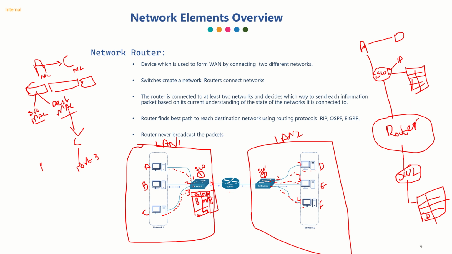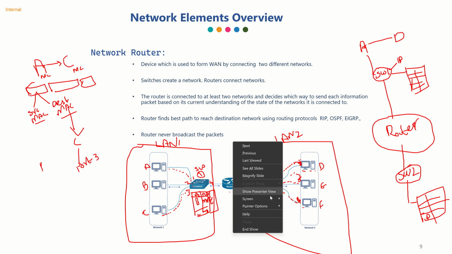Okay, this is 1, this is 2, this is 3. So it knows that it should go to 1, so then it goes to here.